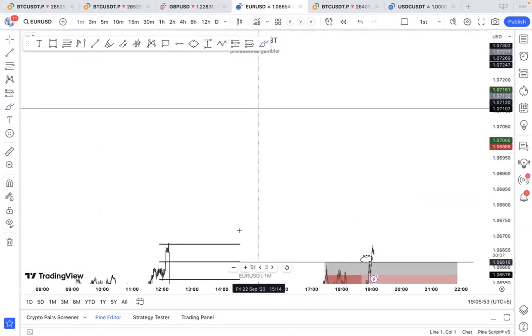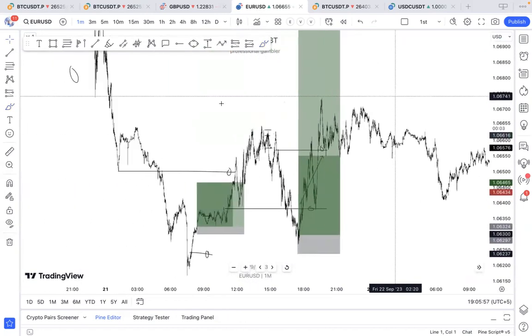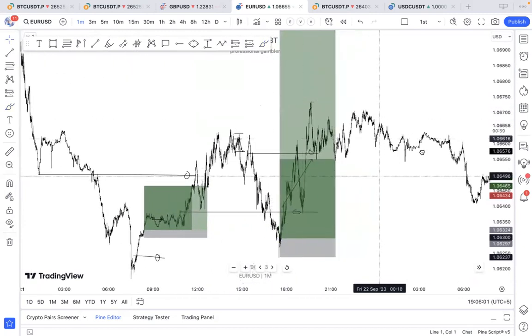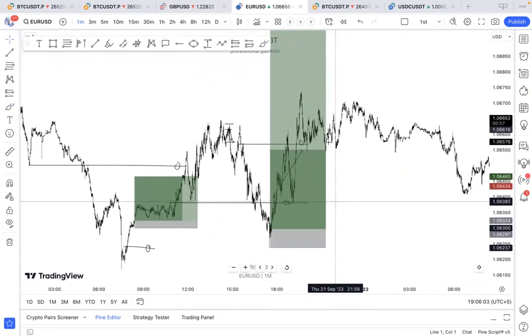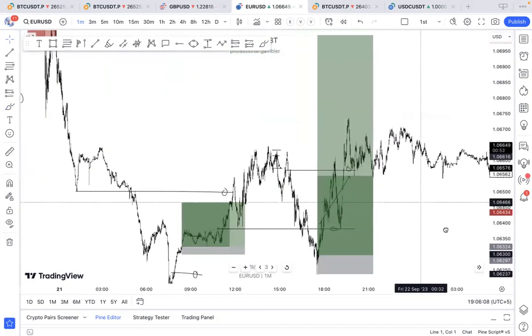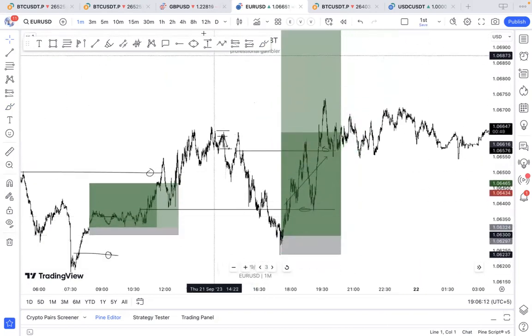I think we can go over some examples here. There should be some example here. I did short a trade as well, maybe in GU.